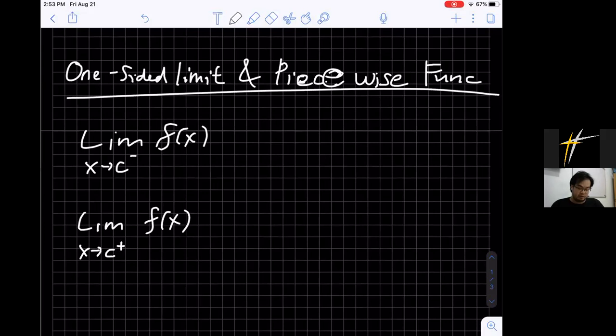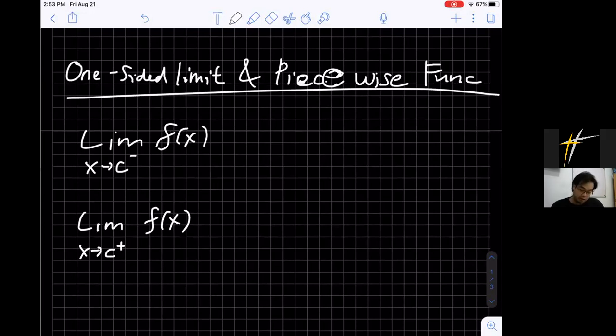The first one means that the limit is approaching from the left side, where x is less than the value of c. And the second one, we are talking about the value of the limit when x approaches c from the right side, so it means the value of x is bigger than c.